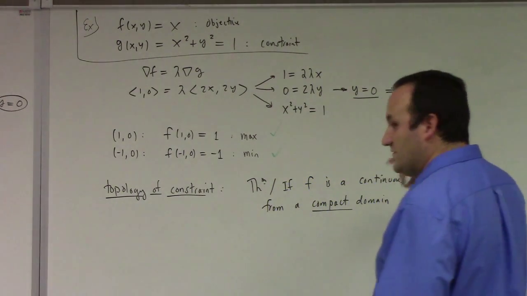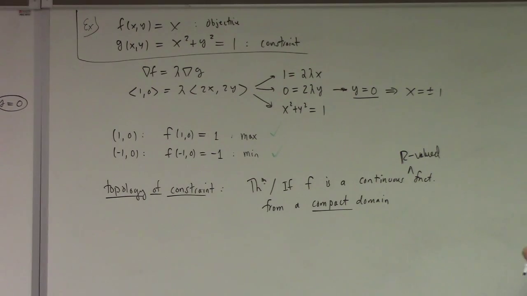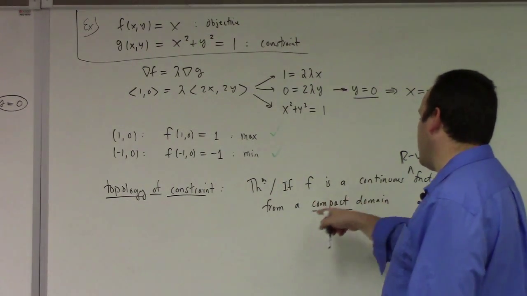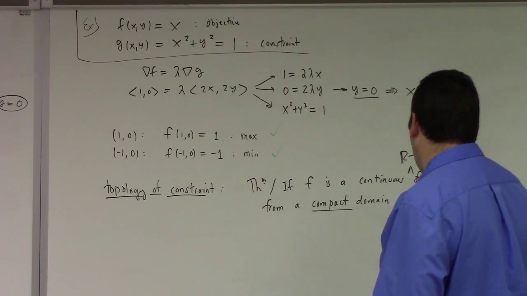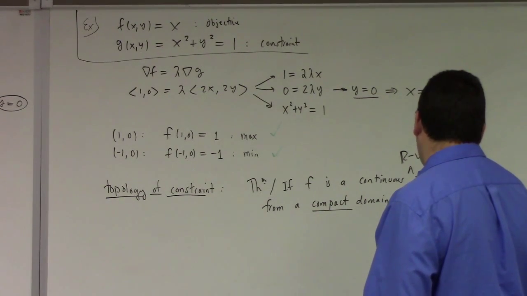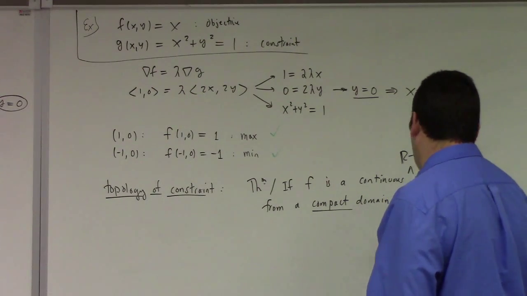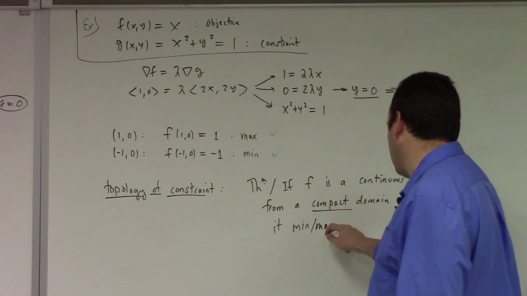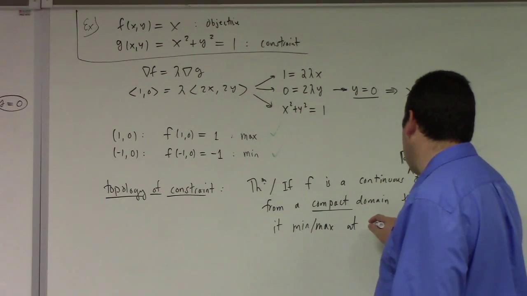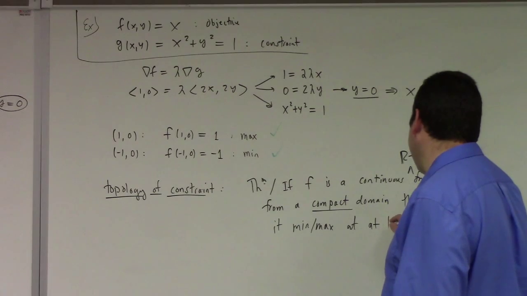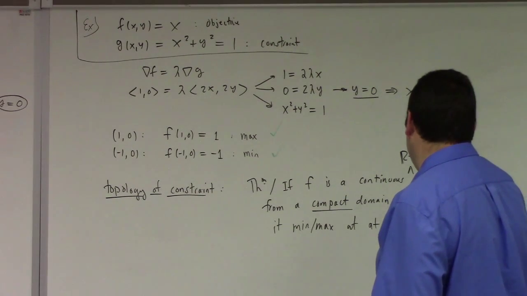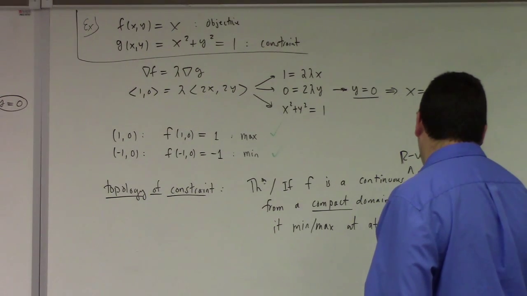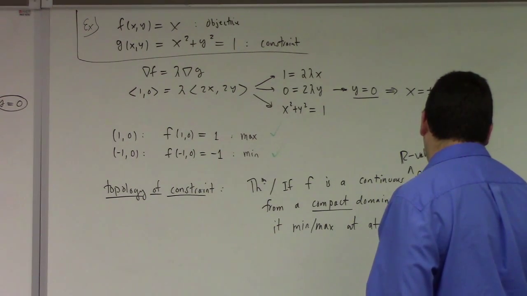So the codomain is the real numbers. If it's a continuous function from a compact domain, then f attains its min and max at at least some point in the domain.